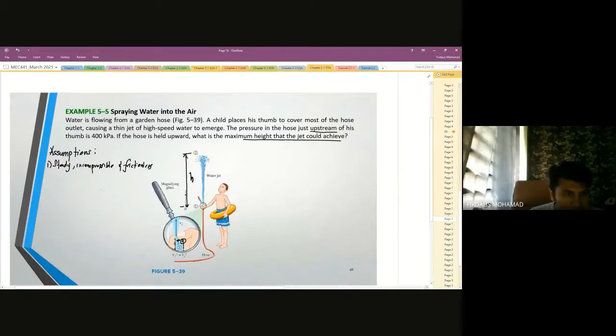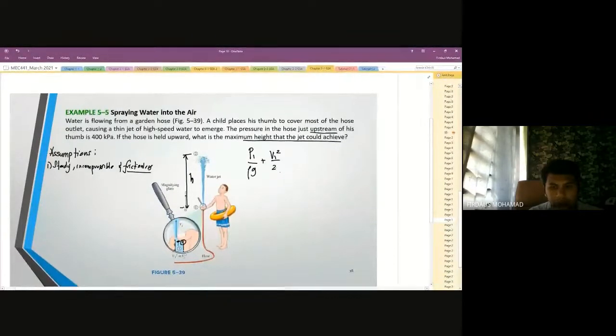Okay, so frictionless flow ni maknanya friction antara water dengan air ni is negligible. So that's why kita assume it is frictionless. Okay, so dah ada assumption ni, barulah kita boleh guna Bernoulli equation. Okay, so macam mana kita nak guna Bernoulli equation? Kita boleh guna P1 over rho G plus V1 squared over 2G plus Z1.